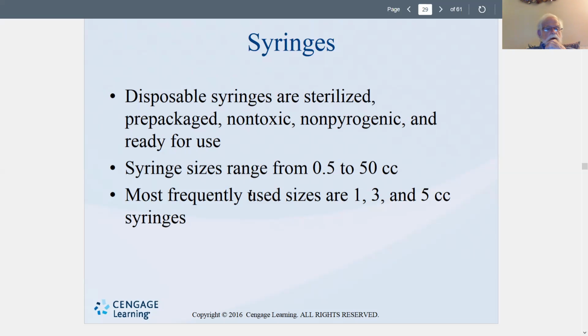The syringe sizes actually are smaller than 0.5. Some of the insulin syringes are as little as 3/10 of a milliliter or cc. Mostly we use 1, 3, and 5 cc syringes. The most common actually is 3.